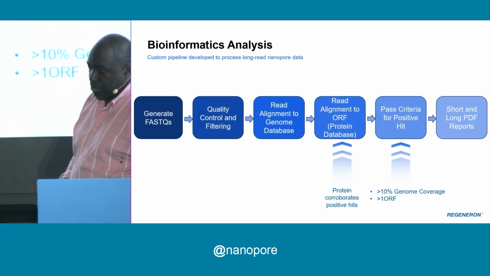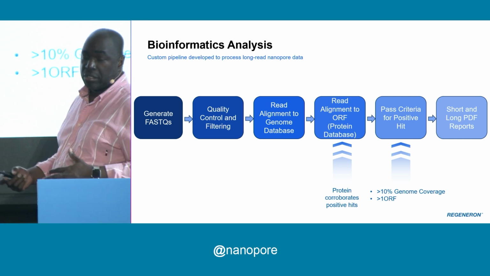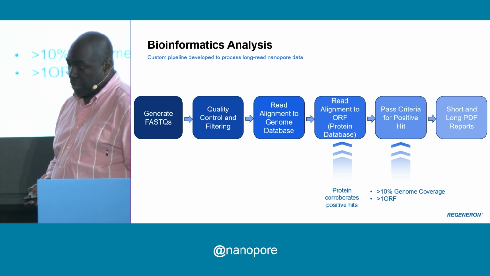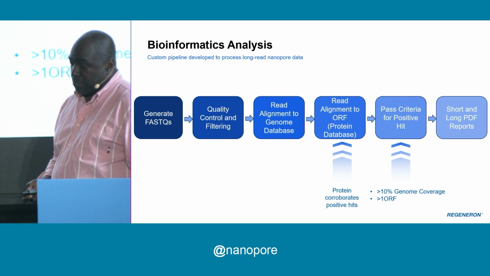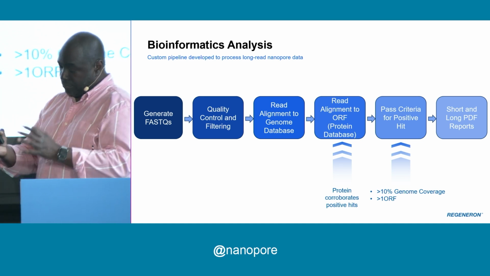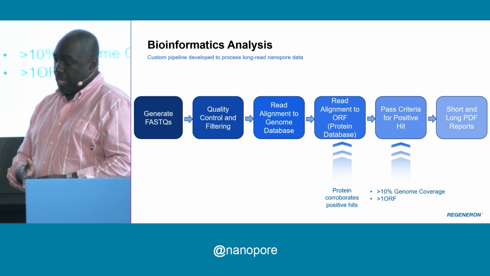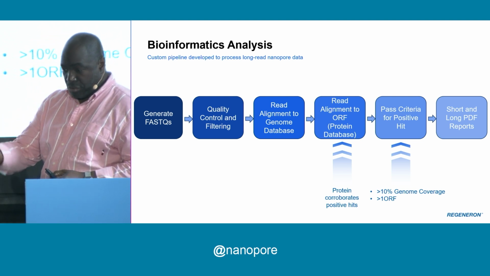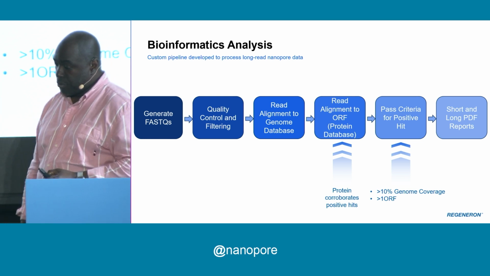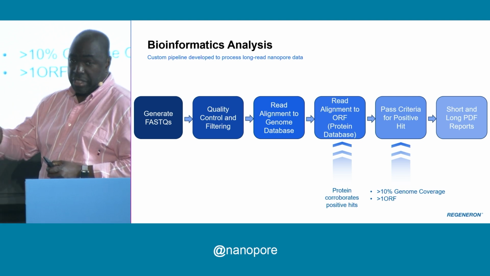And here's the bioinformatics analysis. This came in later because we had to take time to develop it. The workflow is that we generate the FASTQ file, and then in the bioinformatics pipeline you have quality control and read filtering, and then read alignment with the genome database, and we also do a read alignment with a protein database.